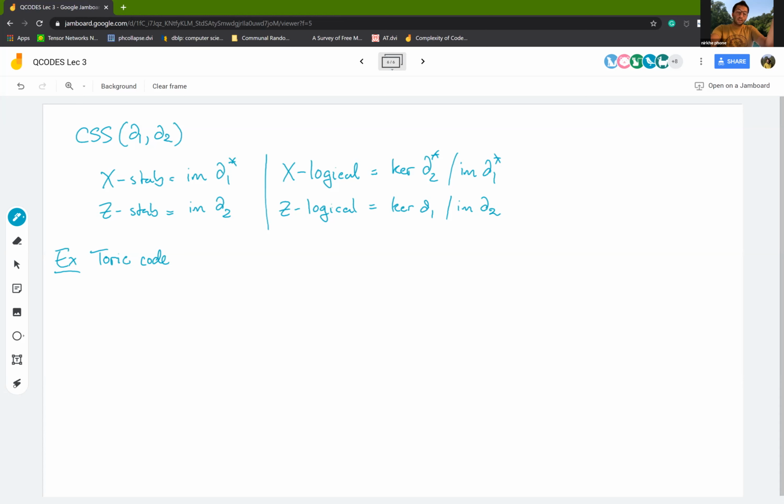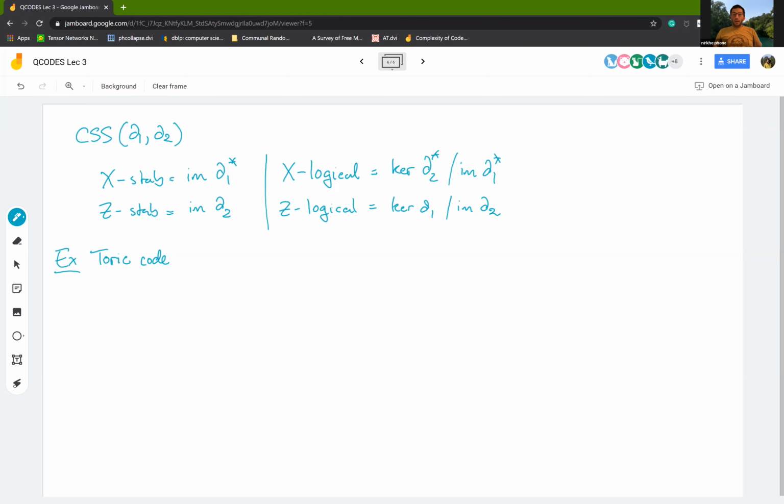And what I've done here is I've provided a basis for that subspace and what these logical operations look like. So X logical just means the set of logical operators that are generated by X matrices?